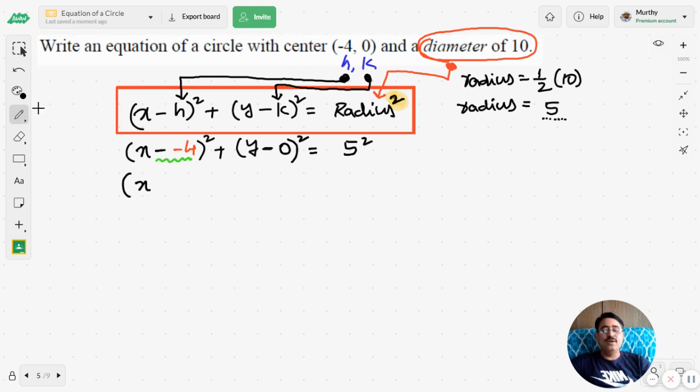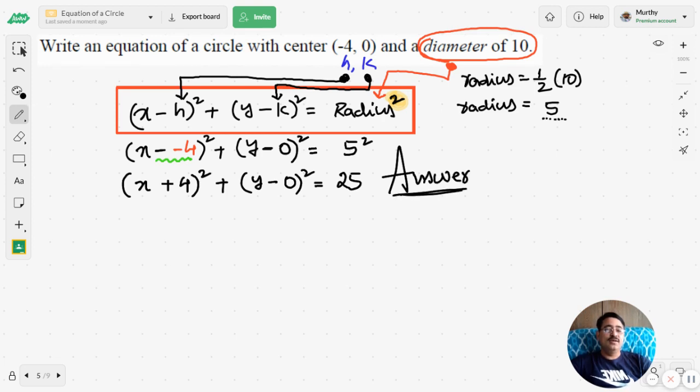So negative of negative gives me positive 4 square plus y subtract 0. No more calculations here. 5 square is not 5 times 2, it is 5 times 5, that gives me 25. So I copied the equation of a circle. That's it. Questions on this?